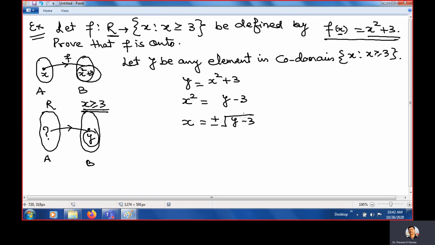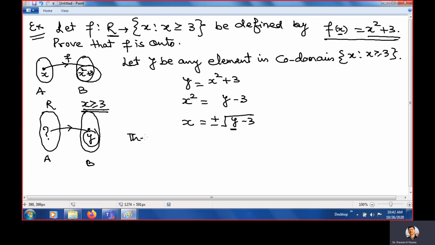Now look here. You cannot take any value less than 3. All values you choose will be 3 or greater than 3, because the moment you take less than 3, it will give you an imaginary answer. Clear?